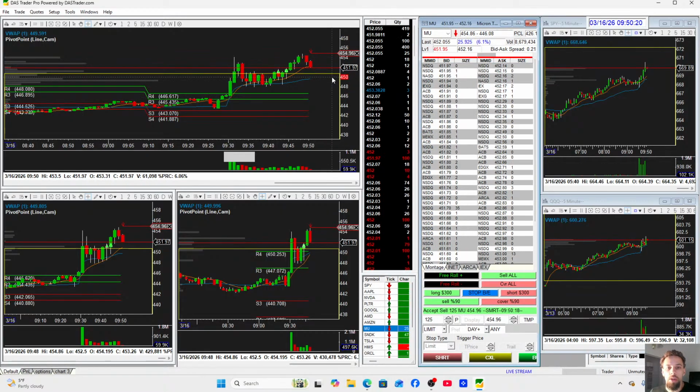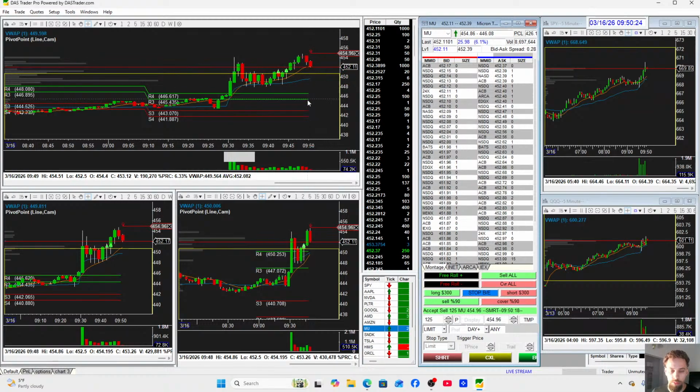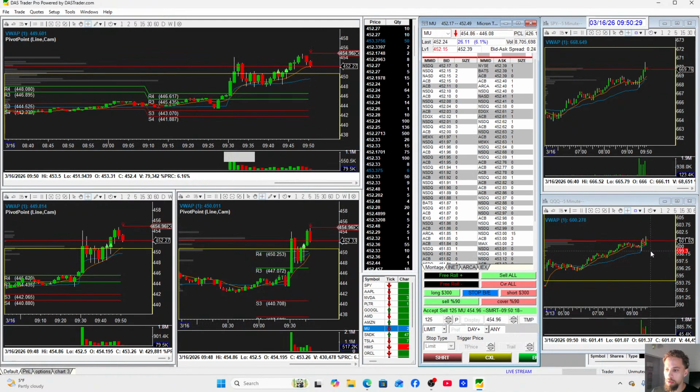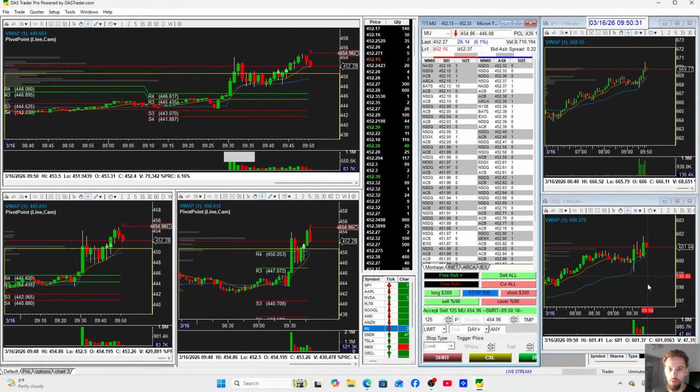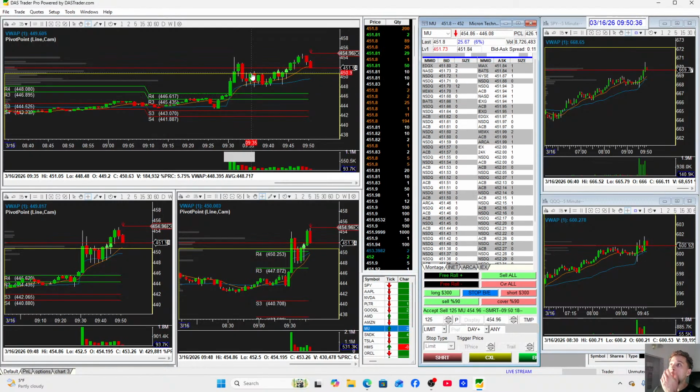If we can get there, I'll probably close my entire position. We're almost back to break even now. Qs look good in terms of volume here. Nice green candle in the 5-minute, but we're pulling back.